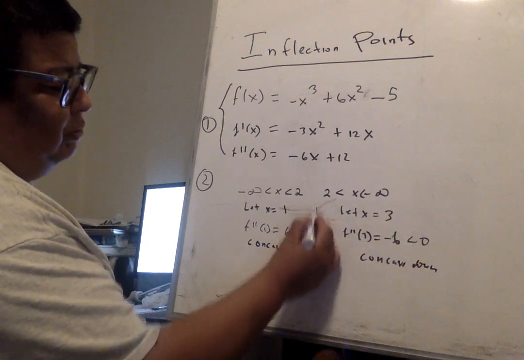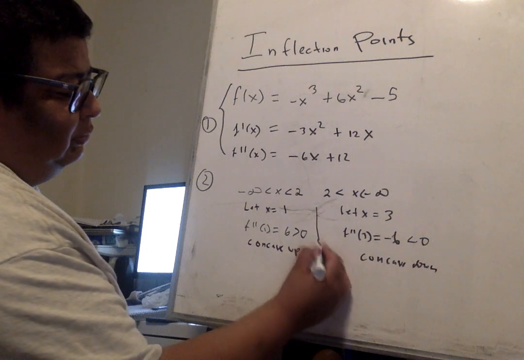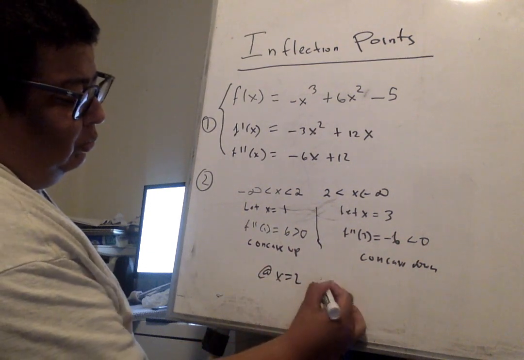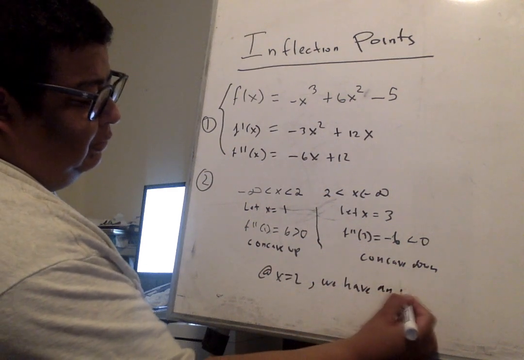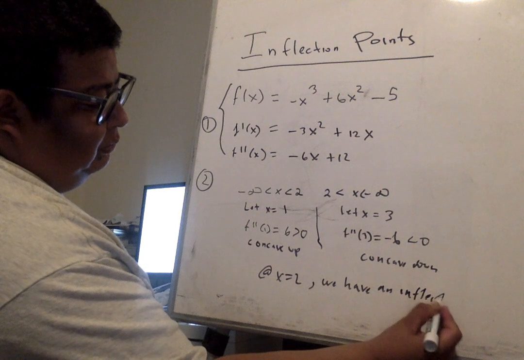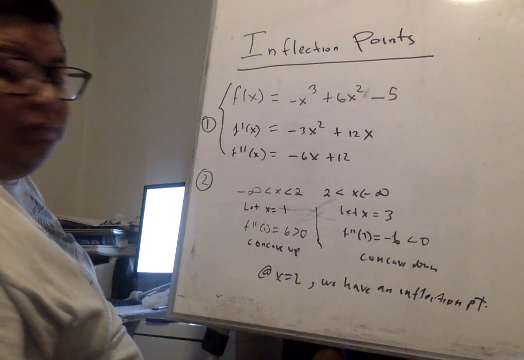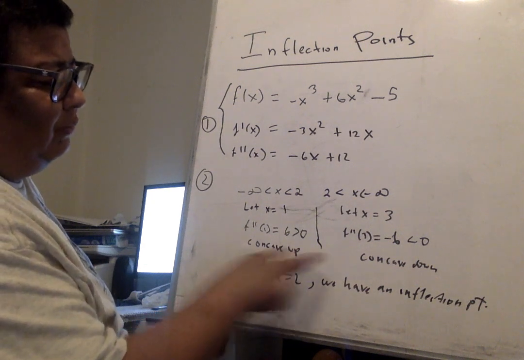That means that 2, because we're switching between concave up to concave down, that means that at x equals 2 we have an inflection point. Because we're switching between concave up to concave down.